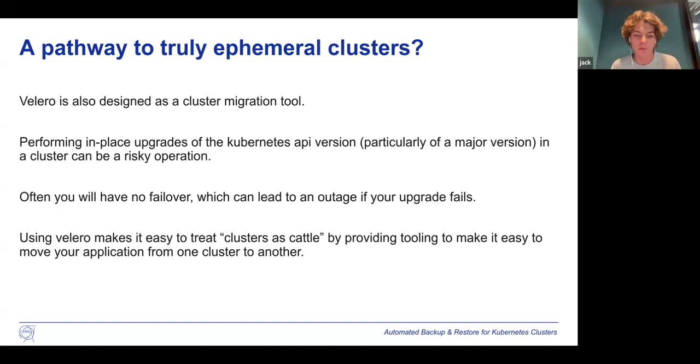But being able to spin up a cluster B of the prod environment, upgrade it to the latest version, and then transfer your production applications from the cluster running the old Kubernetes version to the new one, you can then validate that everything works fine. If it does, brilliant, you can bin the old cluster and carry on as normal. But if it doesn't, you can just go back to running your previous production environment on the old Kubernetes API and revisit what you need to do to run this upgrade.